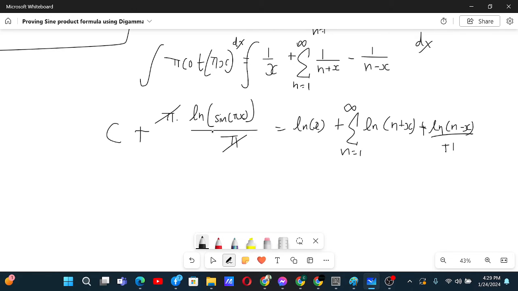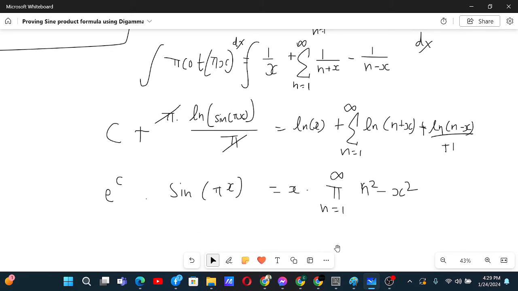Now since we have ln in every term, let's raise this to the power of e. Then we will have e to the power c times sine pi x equals x times the infinite product of n going from 1 to infinity, and this will be n plus x times n minus x, that is n square minus x square.